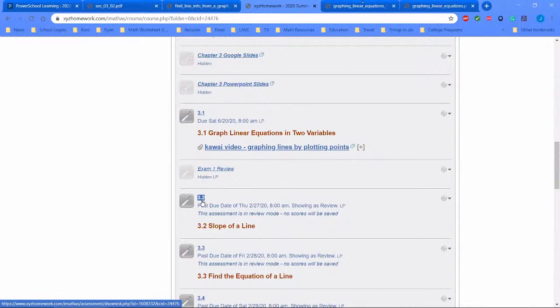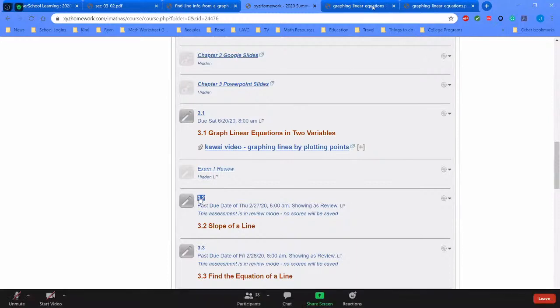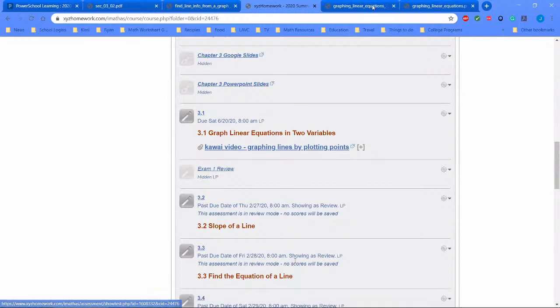You can always access it by just going down to 3.2 and clicking on it. Professor? Yep. The problem is that when I try to click on it, it says the assignment's past the due date and I'm unable to do it. Oh, really? Okay. I will fix that for all of them, so in the future, you should be able to do all of them. Okay.